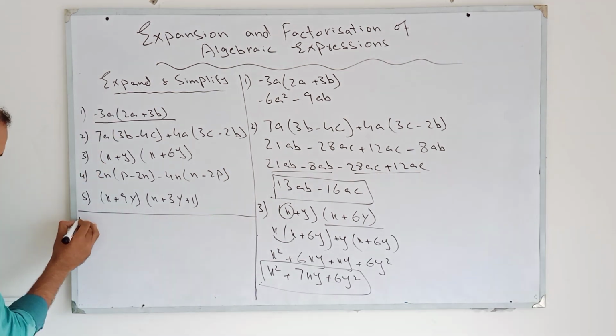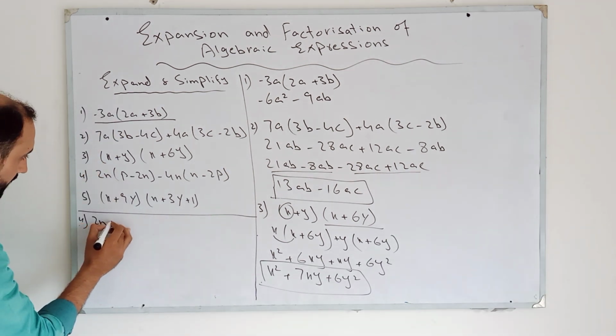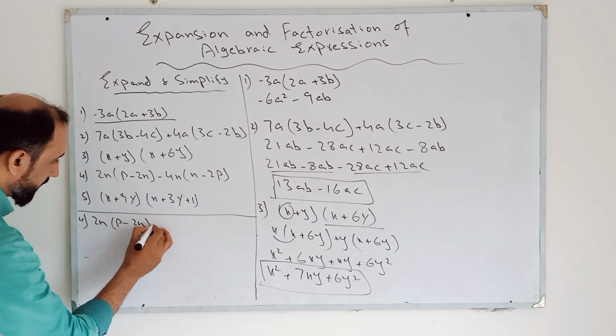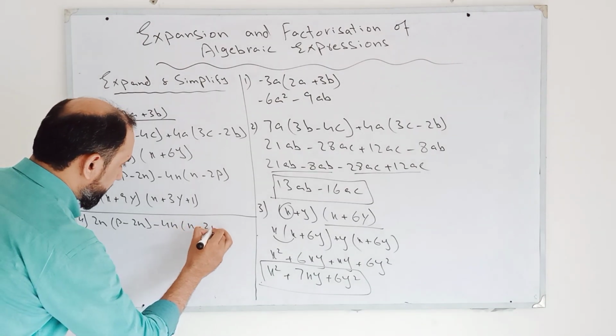Question number 4: 2n(p minus 2n) minus 4n(n minus 2p).